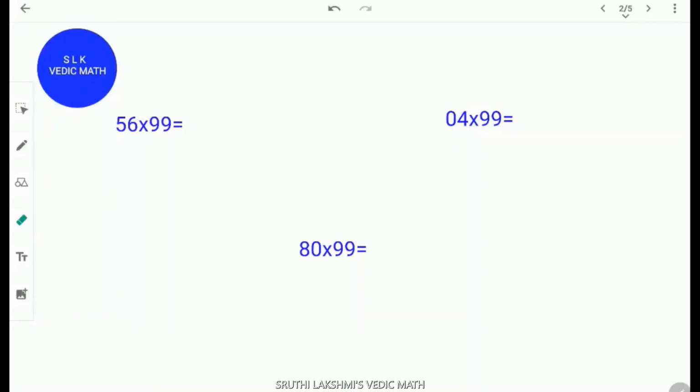Let's see some examples of how to multiply numbers with 99. Let's use 56 times 99 as an example. First, what is 1 less than 56? 1 less than 56 is 55. Write down 55.